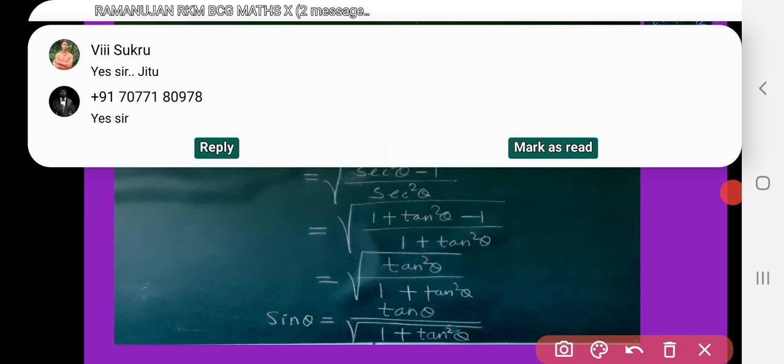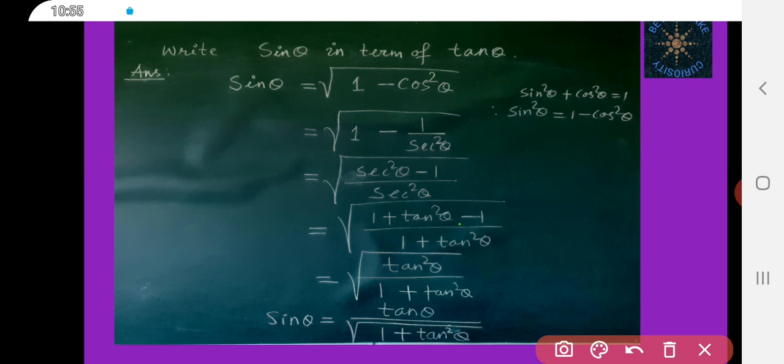Okay, now using this identity we can write sin theta in terms of tan theta. Or any trigonometric ratio can be written in terms of other trigonometric ratios using these identities. Okay, so now we write sin theta in terms of tan theta.